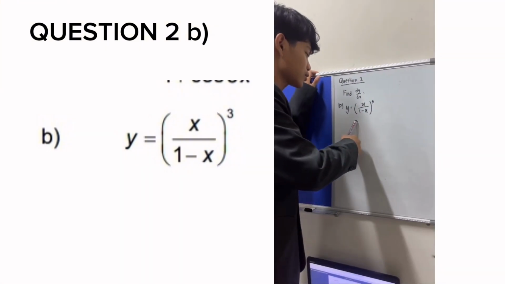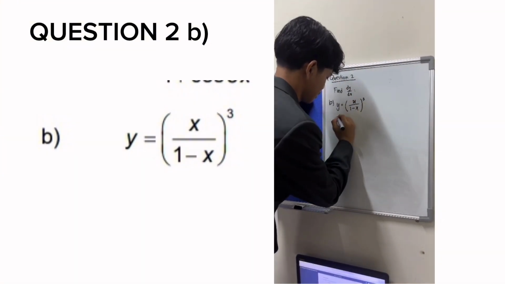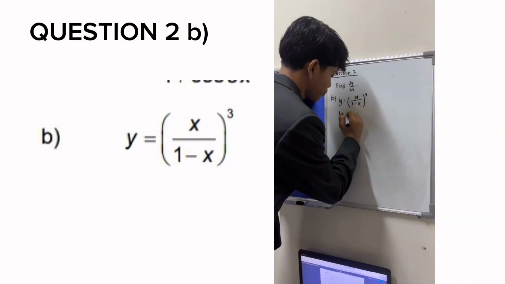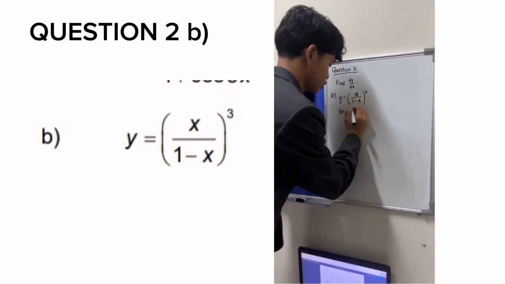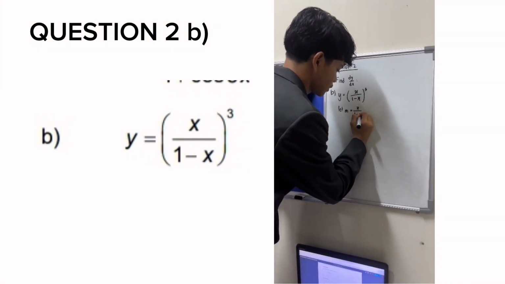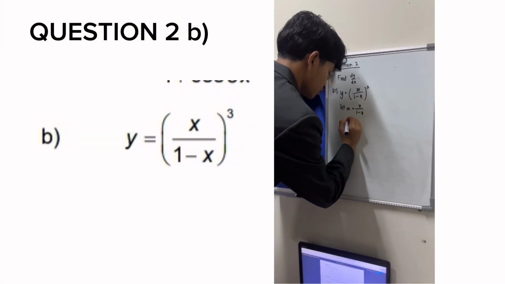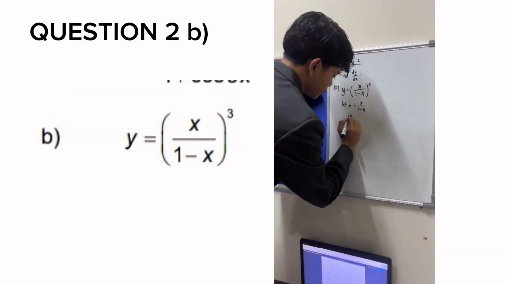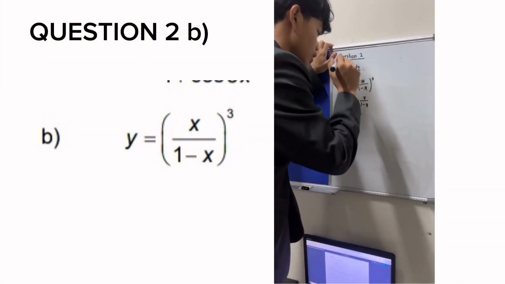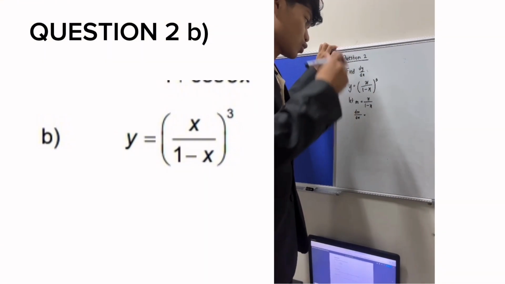For these questions, you need to let something equal a letter, which could be any letter, so I would choose m. So m equals x over 1 minus x, and after that you differentiate m, so dm/dx equals... To differentiate this, the same as the previous one, you need to use the quotient rule.